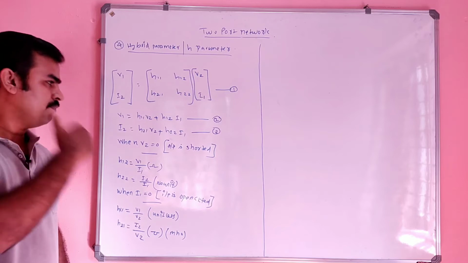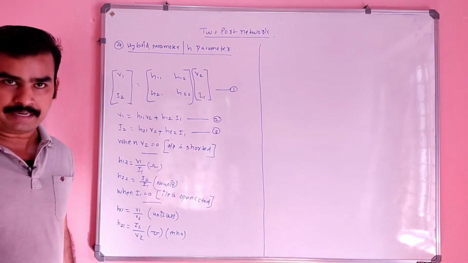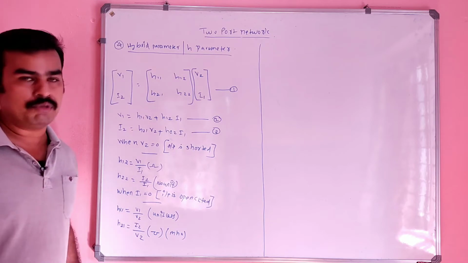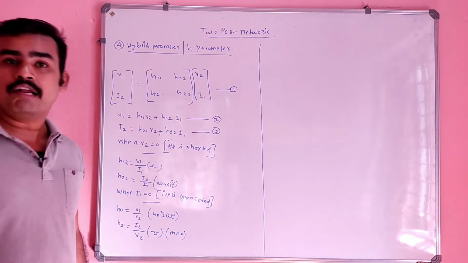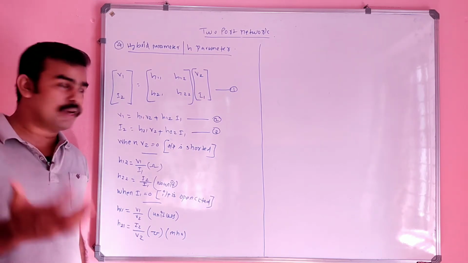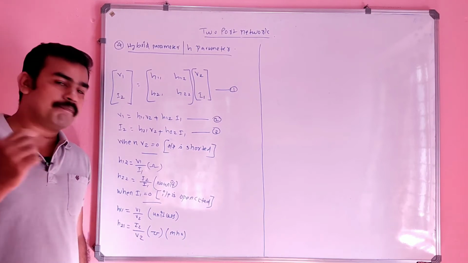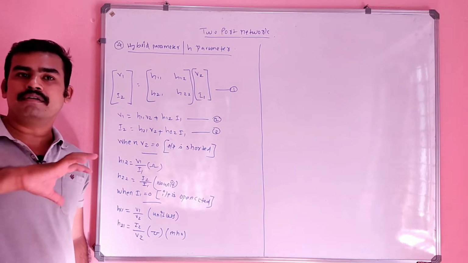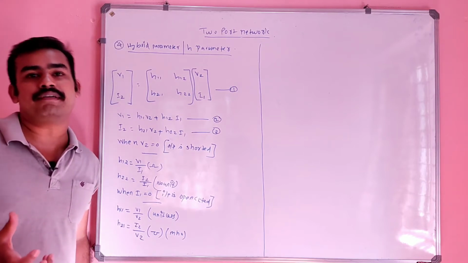And how can we represent it in an application manner? I mean, where can the H parameter be applied? It has a very good application in transistor modeling. Whenever we deal with analog circuits, we will discuss more about this parameter, where we can apply it directly to transistors, whenever we define AC modeling of a transistor.